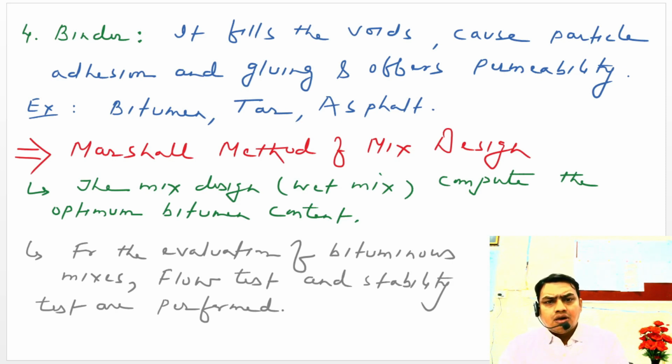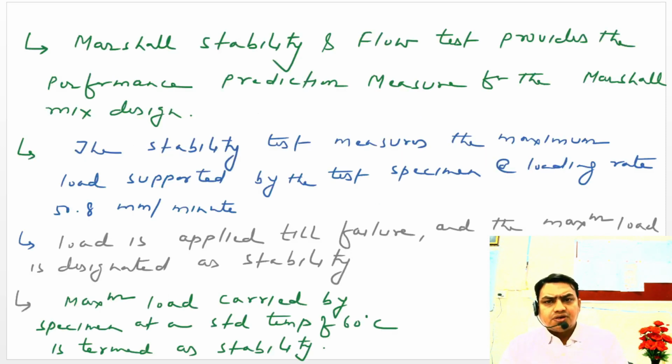So, in this video I will discuss the Marshall method of mix design. In this mix design method we compute the optimum bitumen content. For the evaluation of bituminous mixes, the flow test and stability test are performed. What are the flow test and stability test? I will discuss.